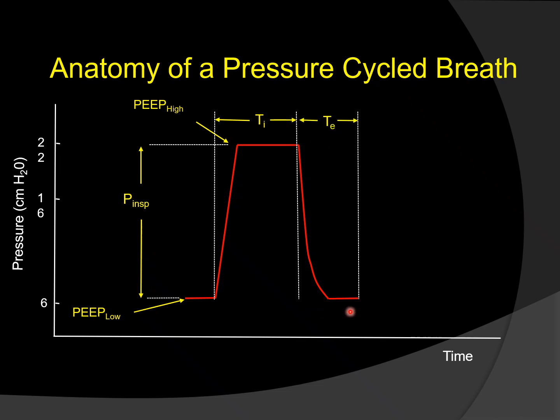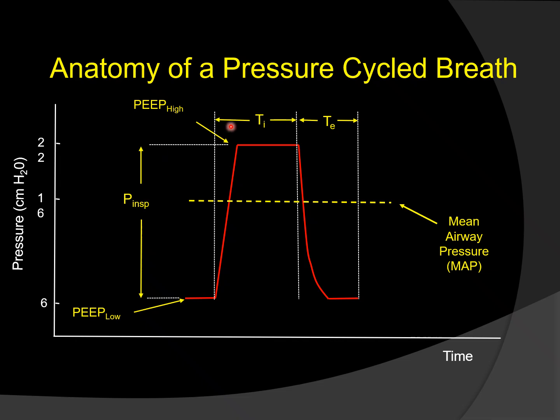It's a little bit shorter than T sub I, so we would call this cadence an inverse ratio ventilation whenever inspiratory time is exceeding expiratory time. It's an inverse ratio. Just remember that healthy people at rest tend to have an I to E ratio that's 1 to 2 or even 1 to 3. So anytime there's an inverse ratio, that's not the normal situation, but we do use inverse ratio ventilation quite a bit.